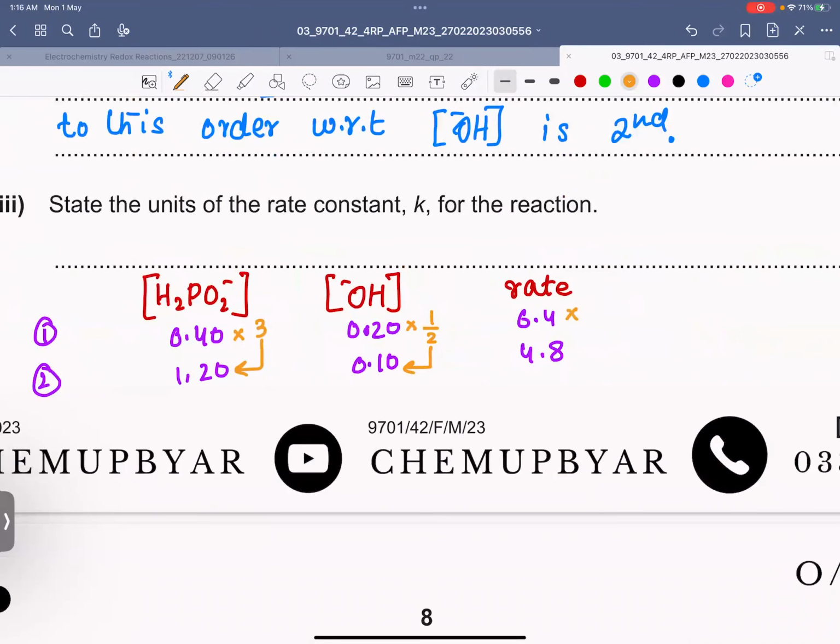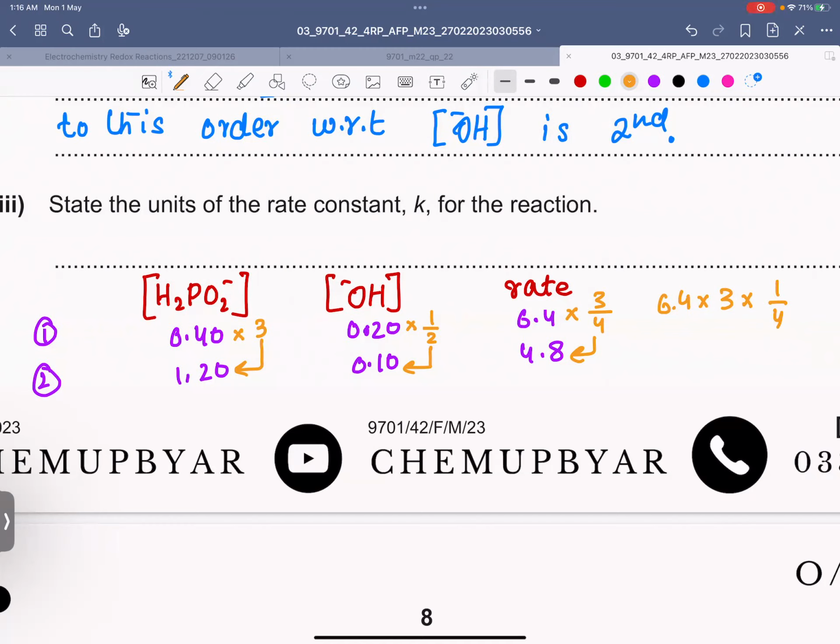And the rate is actually changed by 3/4. Till here, is this clear? Yes, sir. Okay. Now see, if you split it this way, 6.4 is actually changed by 3 times and then changed by 1/4 times, right?